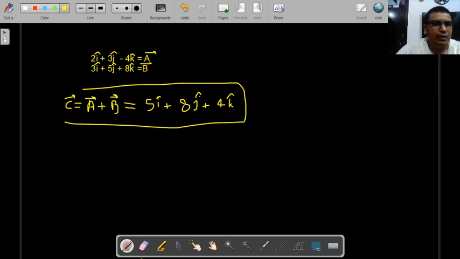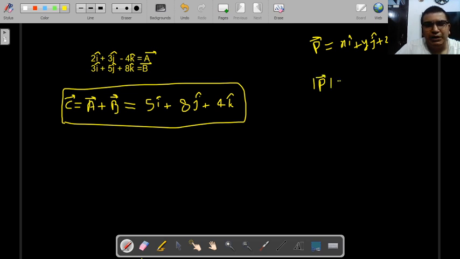Now, how can we get its magnitude? For magnitude, if there is a vector xi plus yj plus zk given to you, and it is asked to calculate its magnitude, suppose this is a vector p, so the magnitude of vector p.